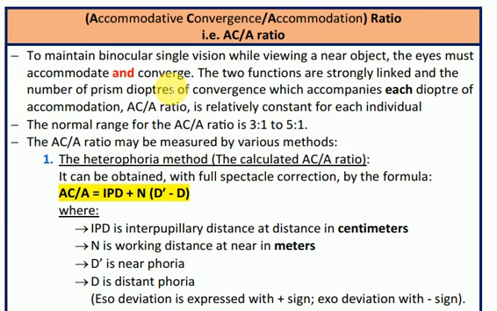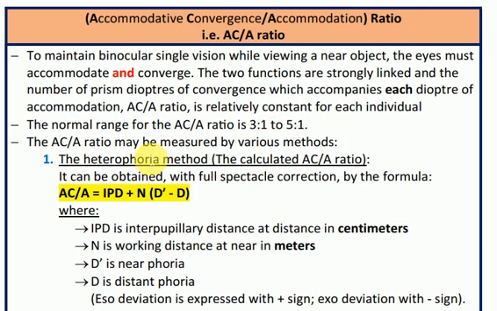The two functions, accommodation and convergence, are strongly linked, and the number of prism diopters of convergence which accompanies each diopter of accommodation is the AC/A ratio. It is constant for each individual, and the normal AC/A ratio is 3:1 to 5:1.